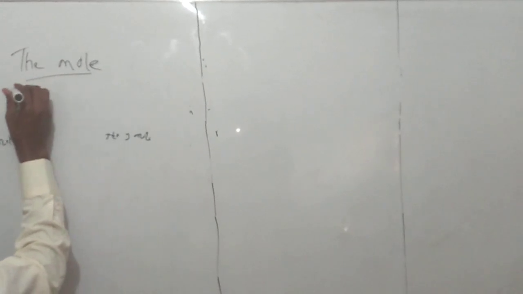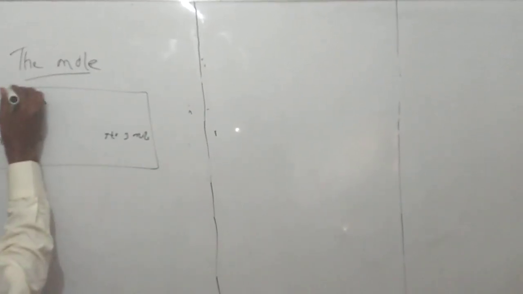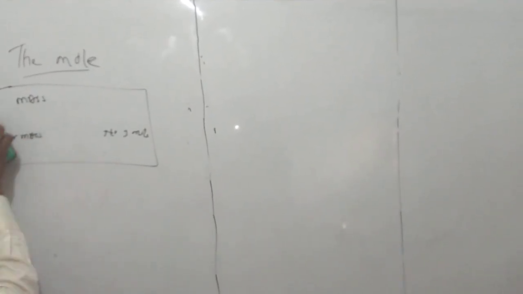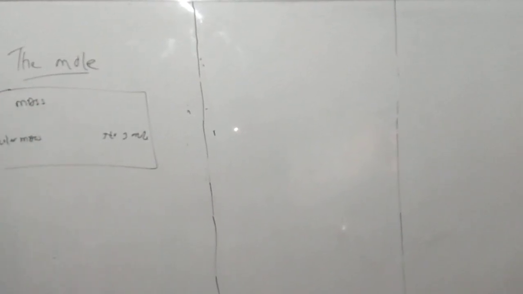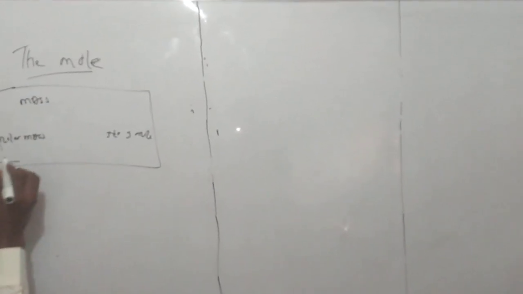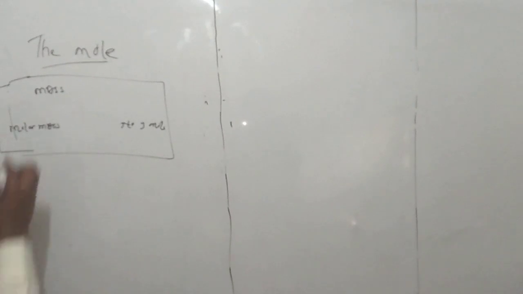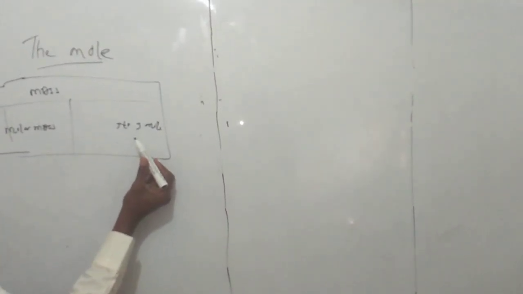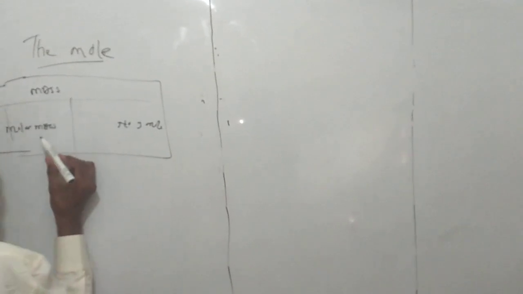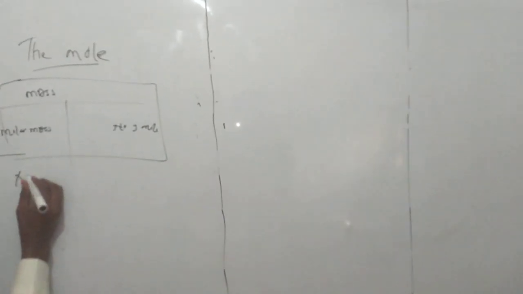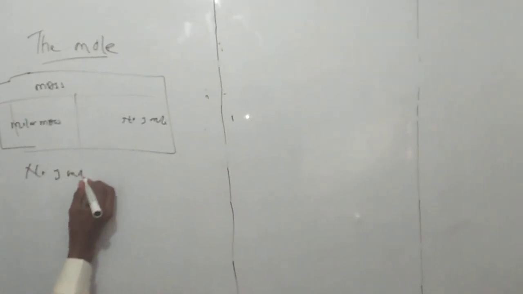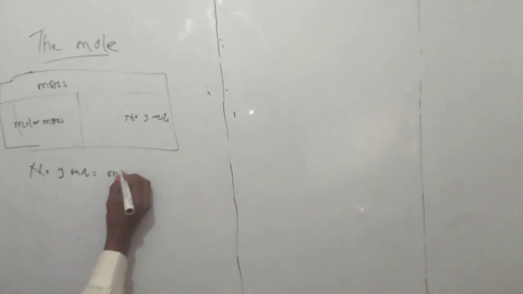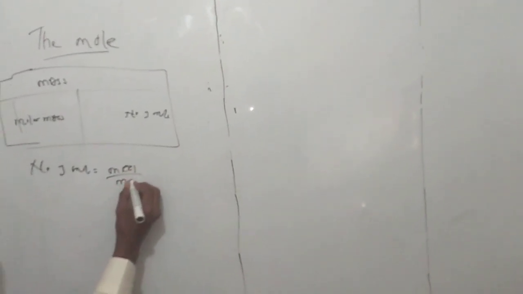So, for us to get the number of moles, we take mass over the molar mass. So number of moles is equal to mass over molar mass.